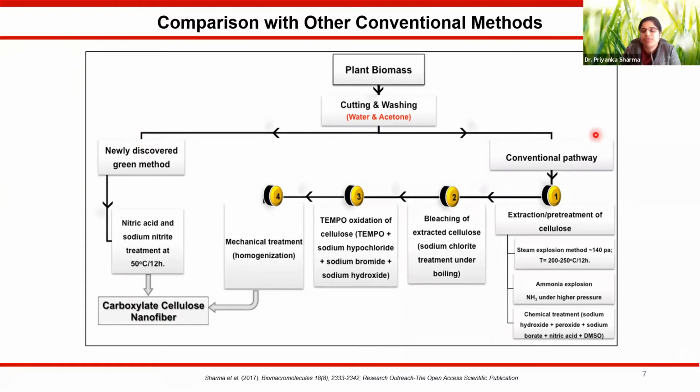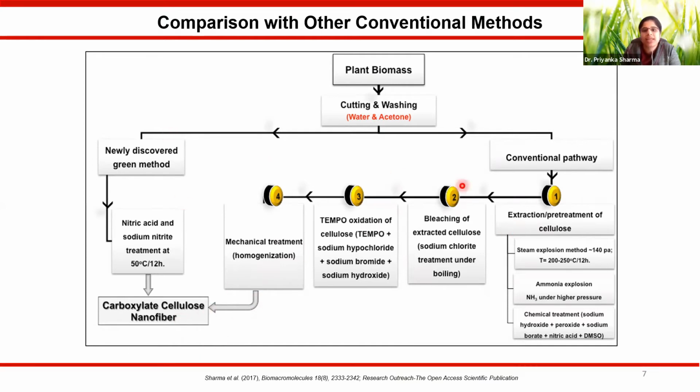While if someone wants to use the conventional pathway, such as TEMPO oxidation or carboxymethylation, then they have to go through several steps, which include extraction and pre-treatment of cellulose, then bleaching, then chemical modification, then mechanical treatment, and only then can they end up with the carboxylate cellulose nanofibers.